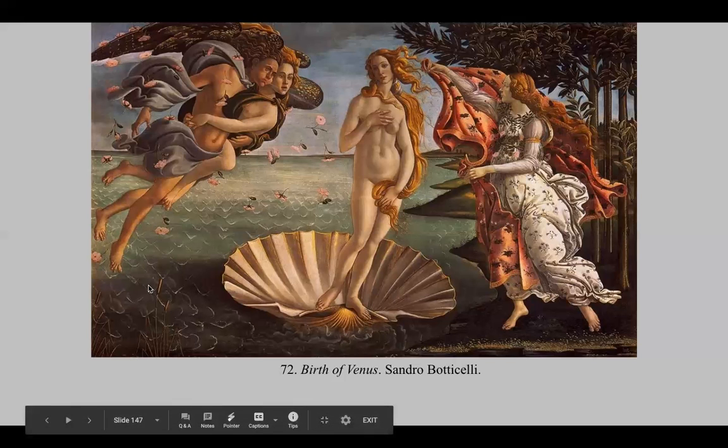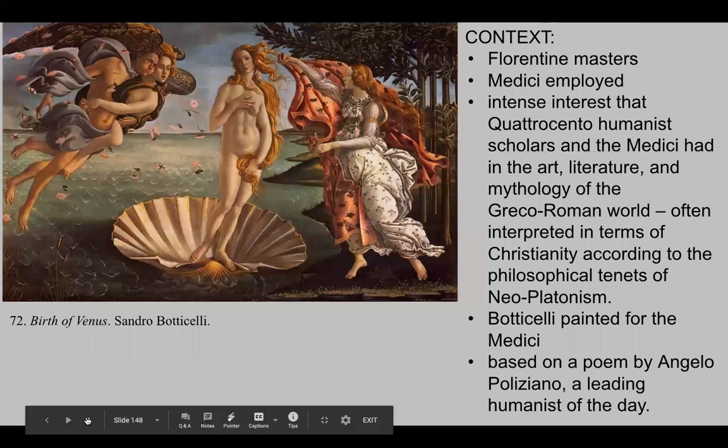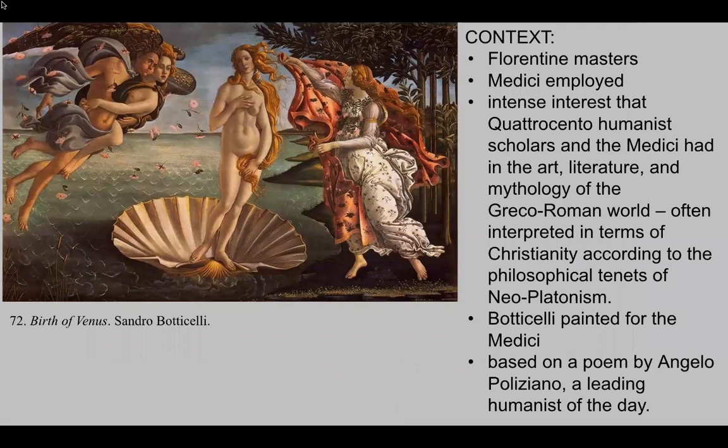So Birth of Venus. A little bit of background. Botticelli was a Florentine master. Like I said, he was employed by the Medici, and he had an intense interest in the Quattrocento humanist scholars. Remember, Quattrocento is the 1300s.